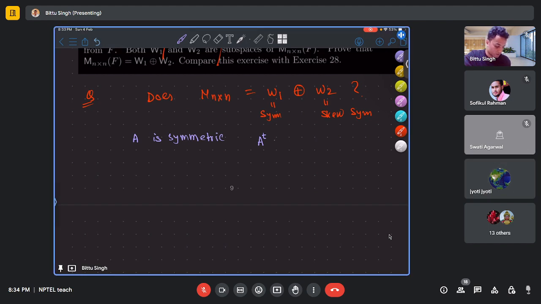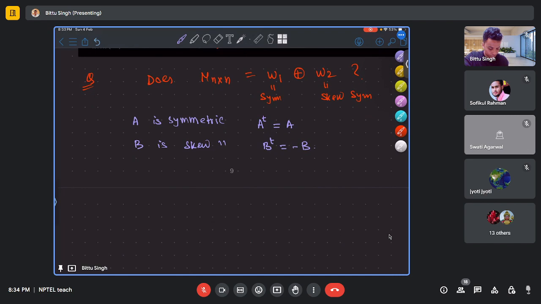So the definition of symmetric means A transpose equals A, and similarly B is skew symmetric means B transpose equals minus B. And what is the meaning of direct sum? Suppose W1 and W2 are two vector spaces.